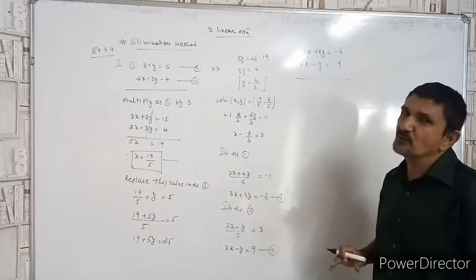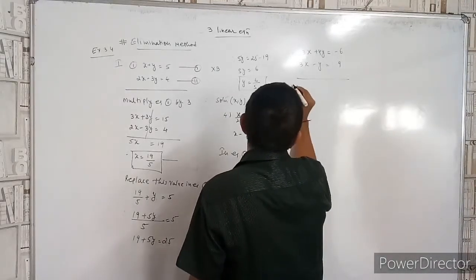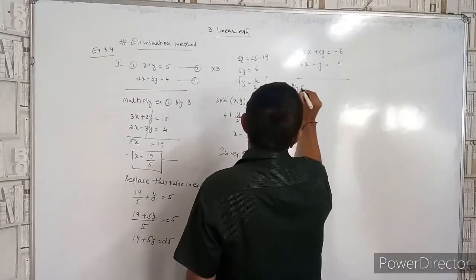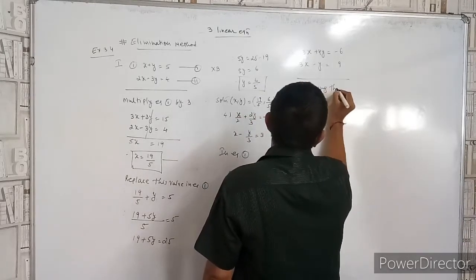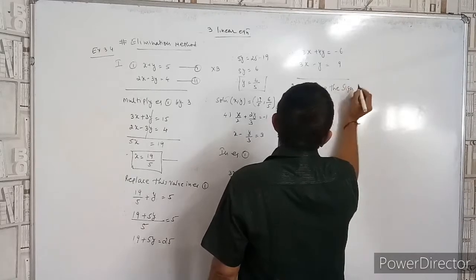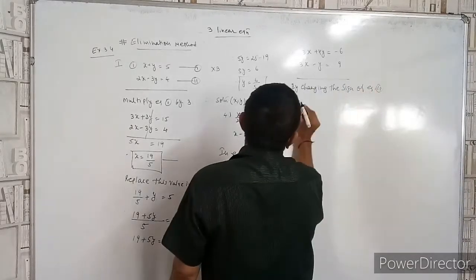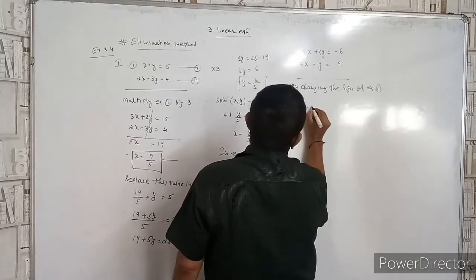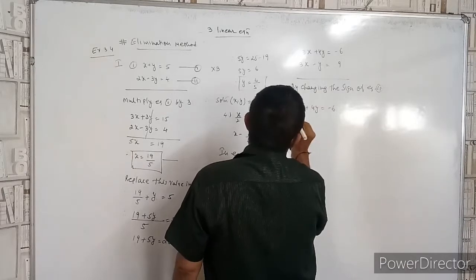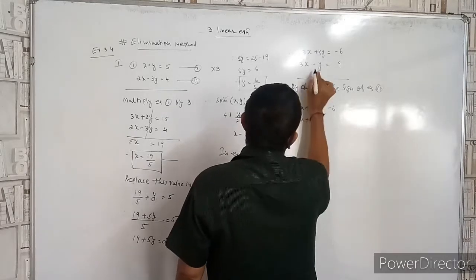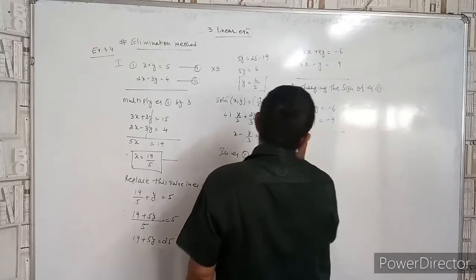Just we have to change the sign. So by changing the sign of equation 2, what will happen? First equation as it is, I am writing 3x plus 4y is equal to minus 6, and this is minus 3x minus minus plus y, and this is minus 9.